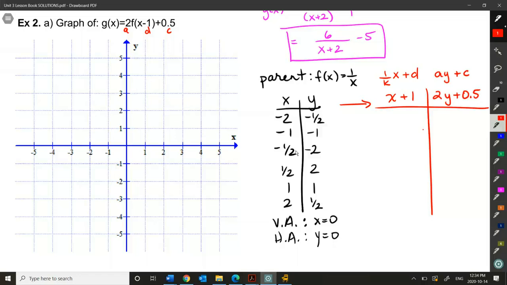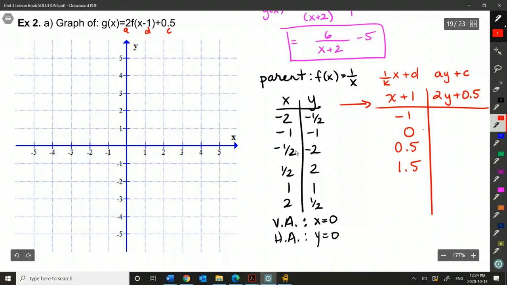Okay, so we're going to take a second. We're going to take all of these and we're going to add 1 to them. So we'll get -1, we'll get 0, we will get 0.5 or a half, we will get 1.5, 2, and 3. And then we're going to take all of our y's, we're going to multiply by 2 and add 0.5.